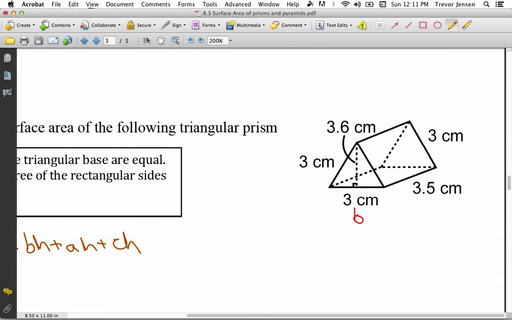Label the other 2 sides of your triangle with A and C. So this side right here, I'll label A, and this side right here, which is the same as this side right here, I'll label with a C. Now I want to label the height of my prism with an H and the height of the triangular base with an L. Now just plug into your formula.